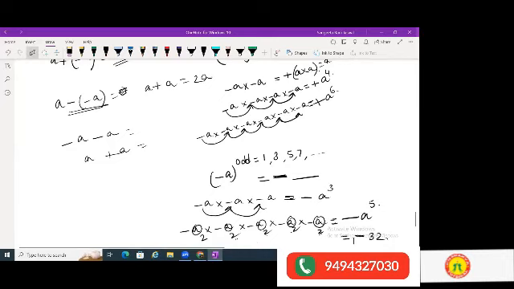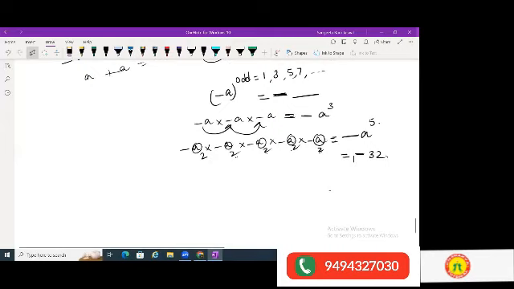What more rules are there? Ma'am, it's written that minus x into minus x into minus x, many times, n times, will be minus x to the power n when n is odd. Ma'am, will you tell that again?